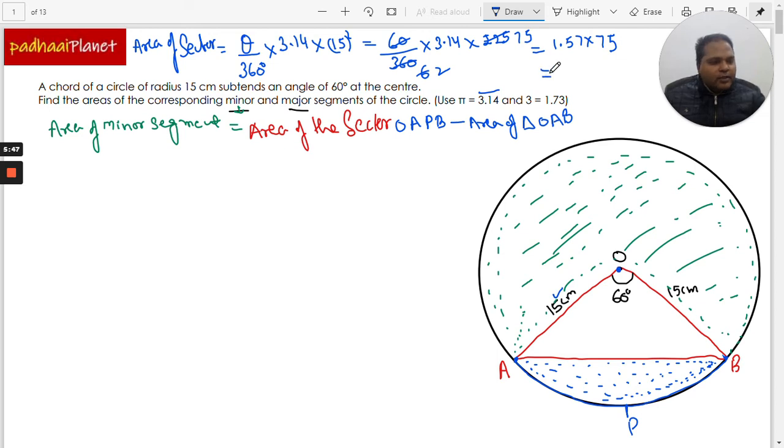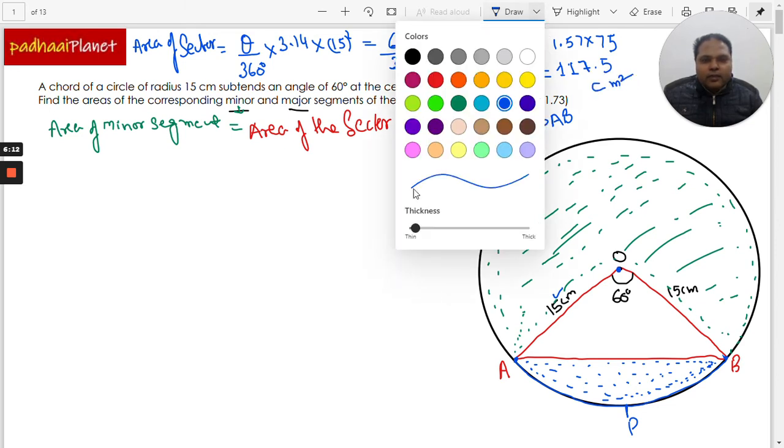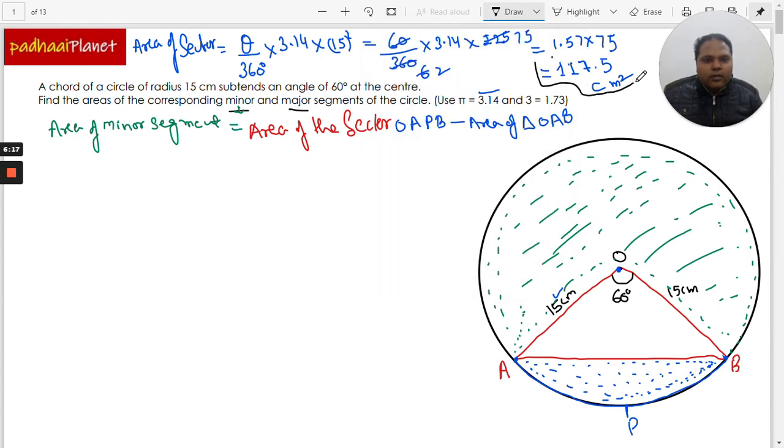Let me take help from my calculator. 1.57 multiplied by 75 is equal to 117.75 square centimeters. That's the area of the sector OAPB.